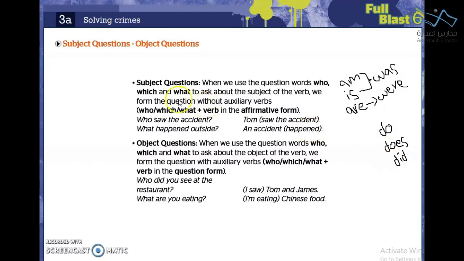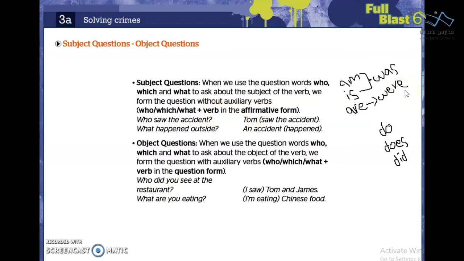So, if I want to form a question asking about the subject, I'm going to write directly the verb in its affirmative form after the question words. After who, which, and what, directly I'm going to write what? The verb in its affirmative form.